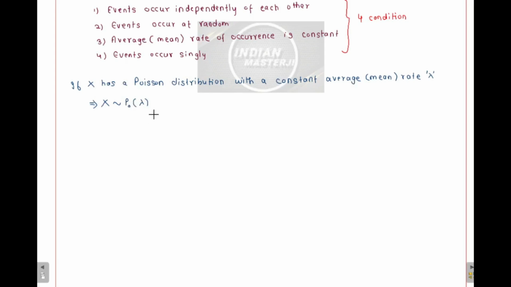X follows Poisson distribution. Then if I have to find the probability of X equal to R, X taking a value equal to R, what is this probability?